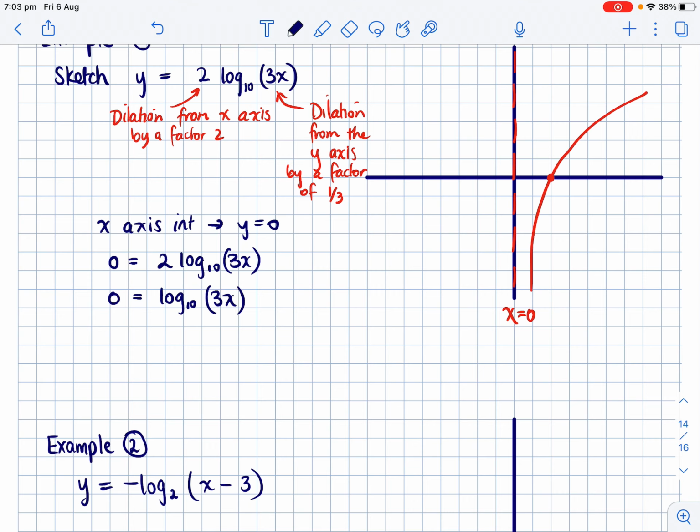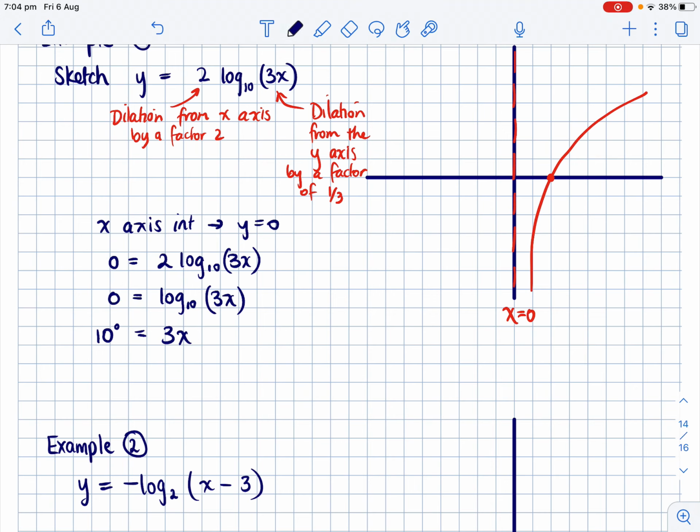Then from there I can undo my log using an exponent. So it's 10 to the power of 0 equals 3x. You can either think of that as using an exponent as an inverse function, or you can say to yourself, this log means 10 to the power of what equals 3x, and the answer is 0. Or 10 to the power of 0 equals 3x, and we can rearrange that way.